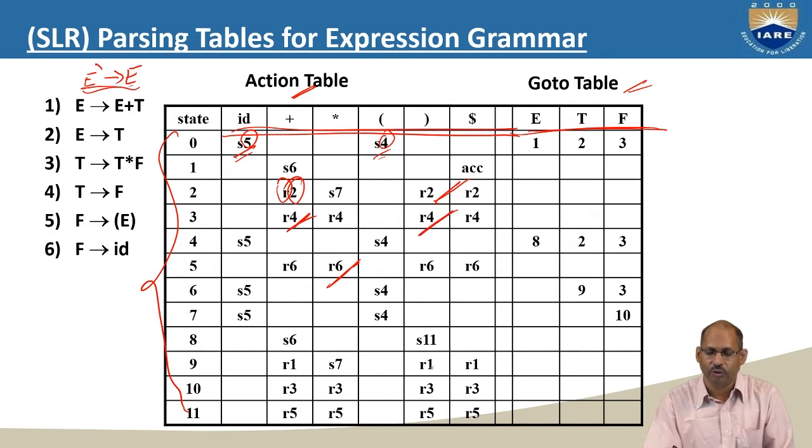Here reduce by production number 1, reduce by production number 3, and reduce by production number 5. R indicates reduce by the respective production number. S means shift action. The S is followed by some number, and that number is also moved to the stack. Always the top of the stack is a state.